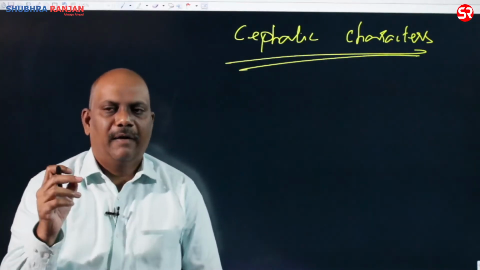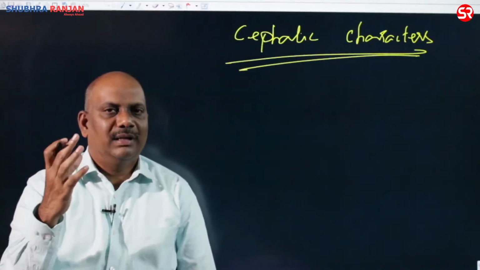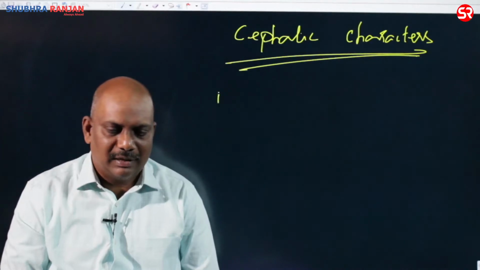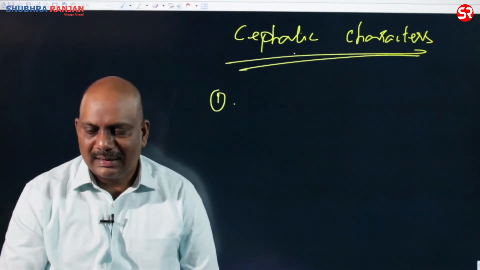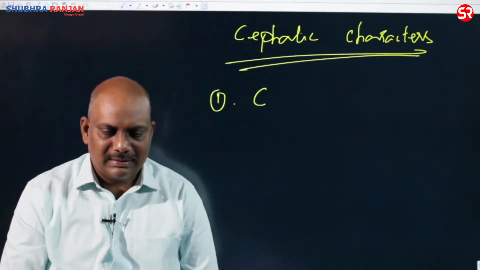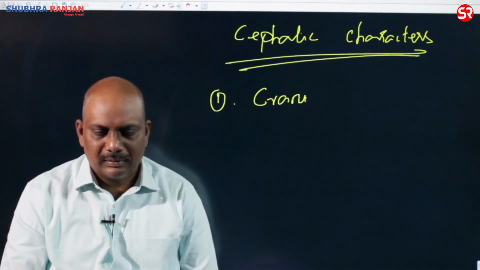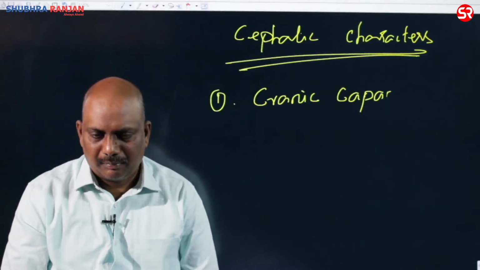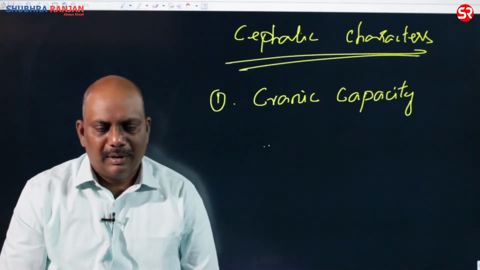So cephalic. I told you by cephalic we refer to the head region. The first important cephalic character of Australopithecus is its cranial capacity. What do you mean by cranium?